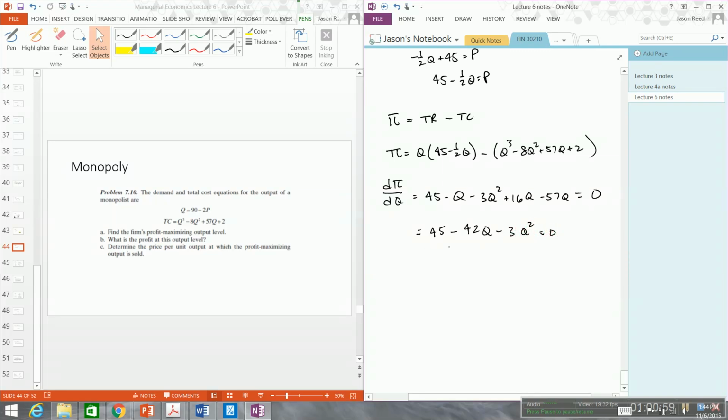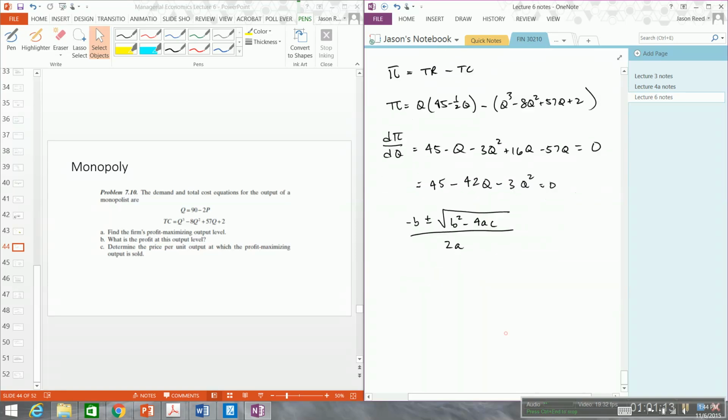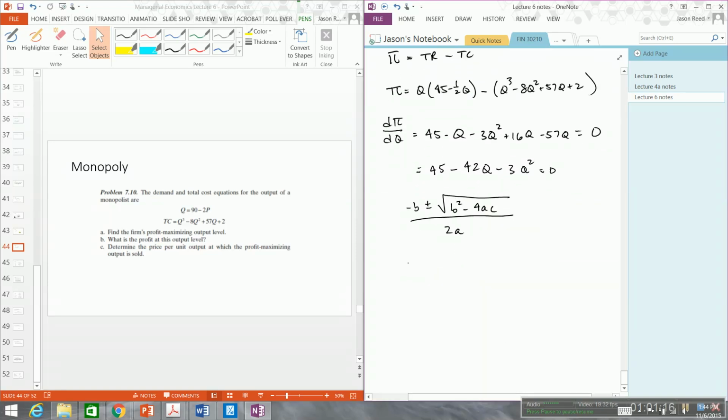So now again we can solve with our quadratic formula, so that we have the opposite of b plus or minus the square root of b squared minus 4ac all over 2a. We can plug some values in.